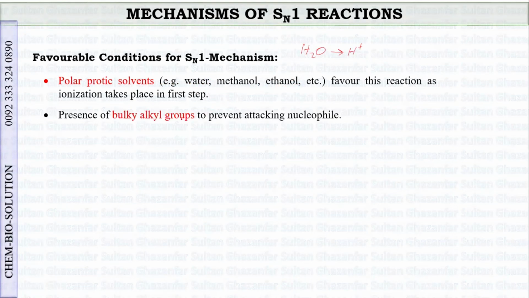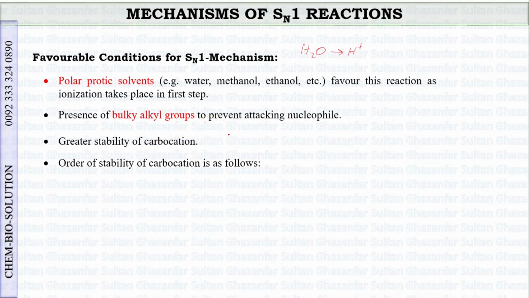The presence of bulky alkyl groups also favors the SN1 mechanism because these bulky groups prevent the attack of the nucleophile from the backside of the halide. And if the carbocation has greater stability, it also favors the SN1 mechanism.